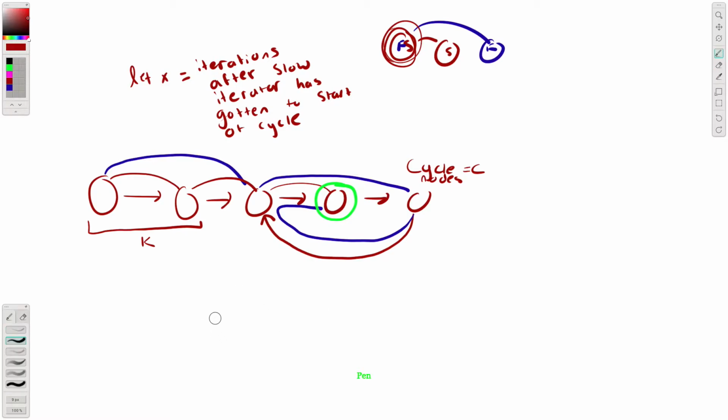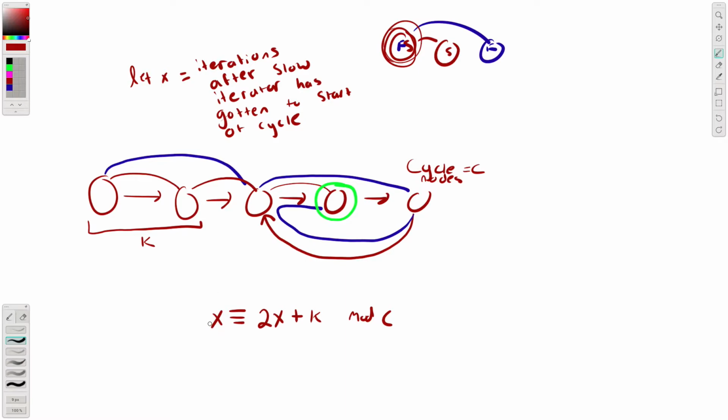So now we could represent it as x equals, one second, I want it to be this. Okay, even though they look the same. So x, when x equals 2x plus k, I'll go over this, don't worry, over c. So what we're trying to figure out is which node in this cycle, which is x, the hare and the tortoise will intersect.